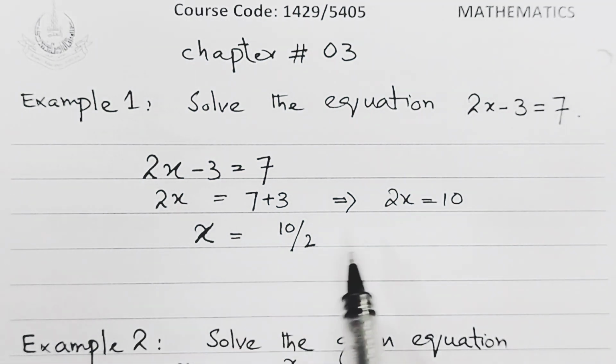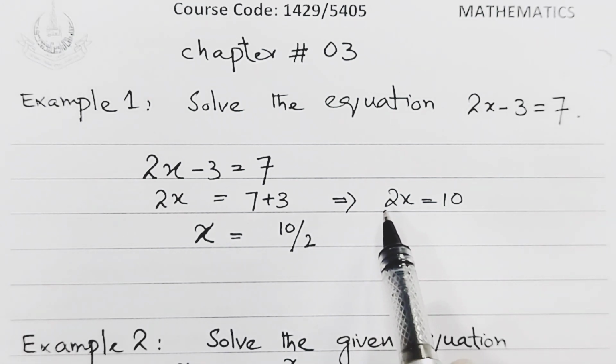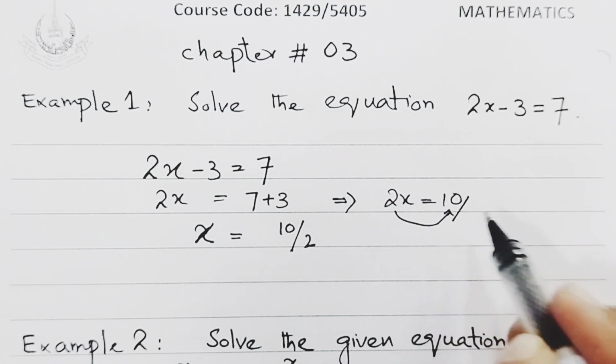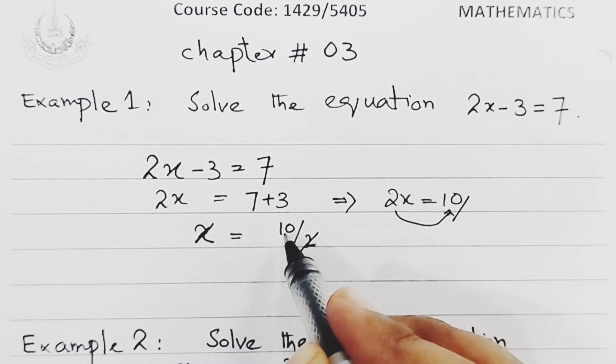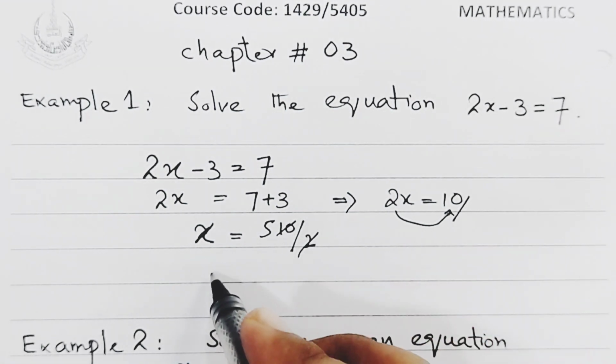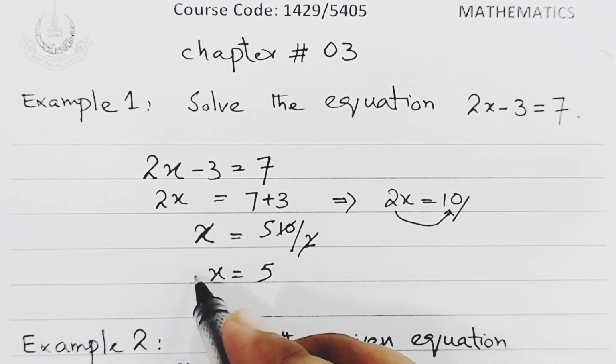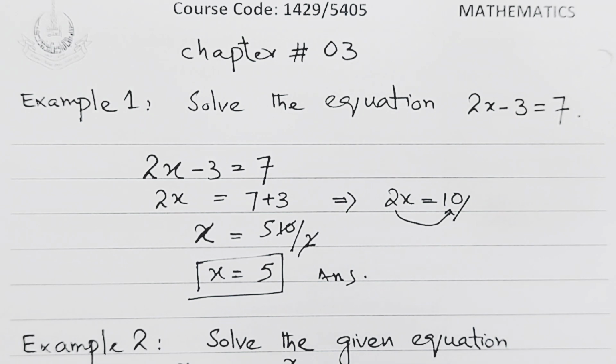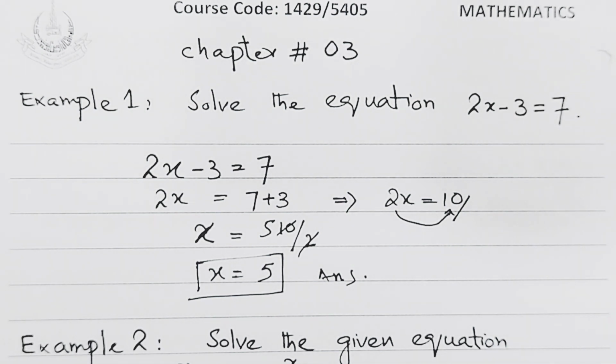So 2 was multiplying here, so when we take it, it will go to this side. So x is equal to 10 over 2: 2 ones are 2, 2 fives are 10. So x is equal to 5. This is our answer. Okay, dear students, I hope this will be clear to you.